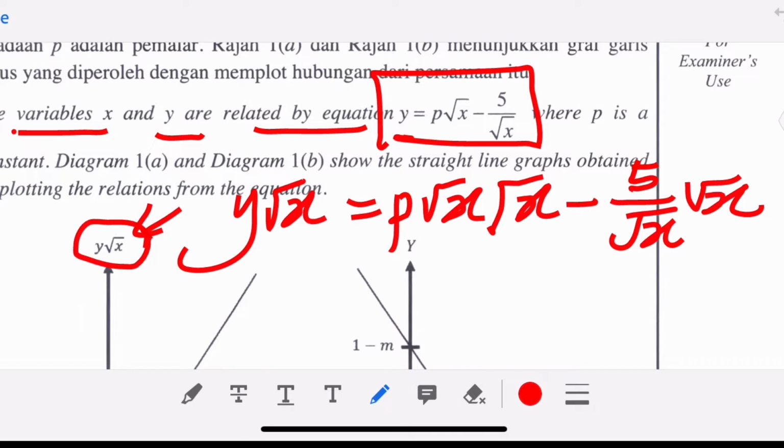Why do you multiply by the square root of x? Because you can see that the axis here comes with a y square root x.